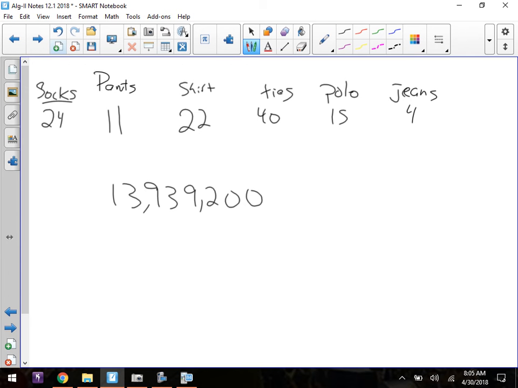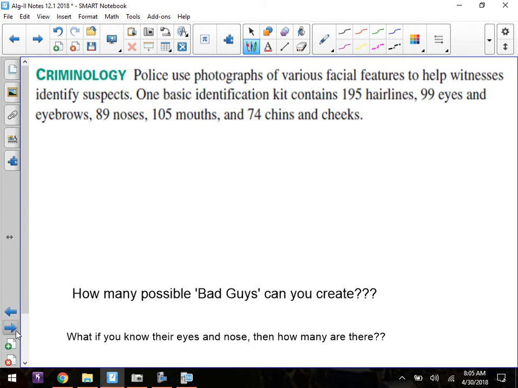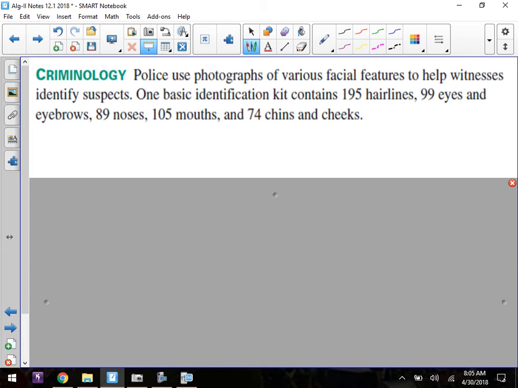I thought it was kind of cool. This was another one. They do this one pretty regularly as a very simple example. Let's say the masked bandit stole somebody's pencil case, and we didn't know who the masked bandit was, but the sketch artist was able to come up with something.